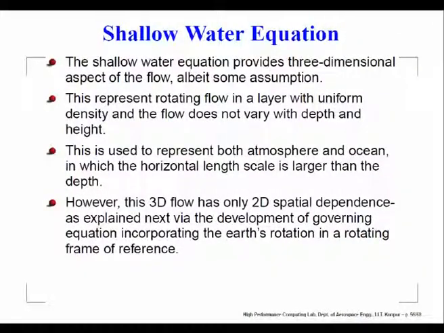This is a very important equation, because this allows you to investigate the three dimensionality of the flow problem. Of course, we make some assumptions, but despite that it is a pretty good model equation. This actually represents rotating flows in a layer with uniform density, and the flow does not vary with depth.